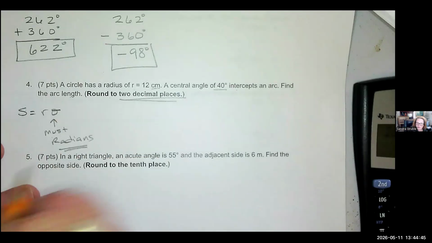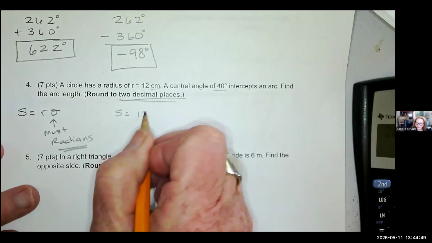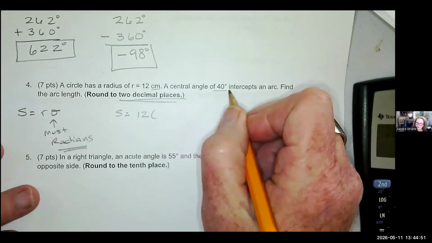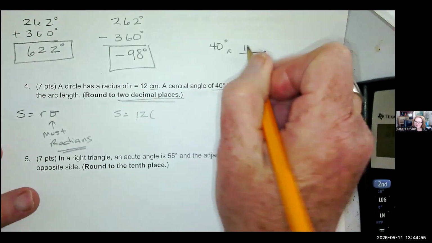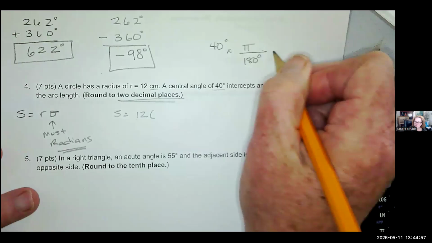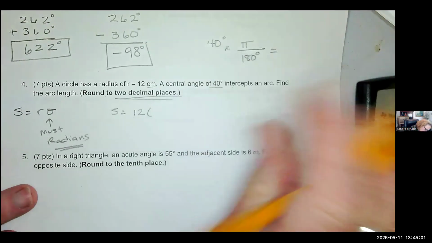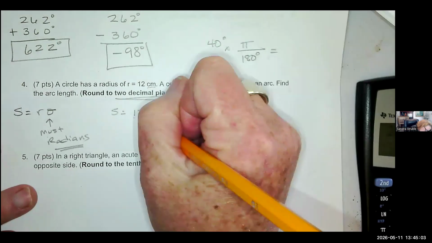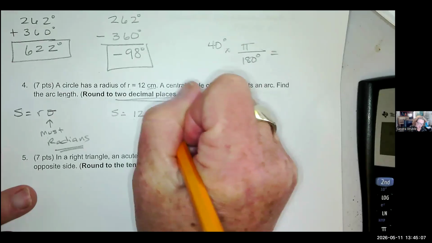So S equals, our radius is 12. Our theta is 40 degrees, so 40, changing that to radians. Actually, I could just leave it like this, couldn't I? I don't even need to reduce this. So I'm just going to put it in exactly like this: 40 pi over 180. I'm not even going to reduce, because what if I reduce wrong?